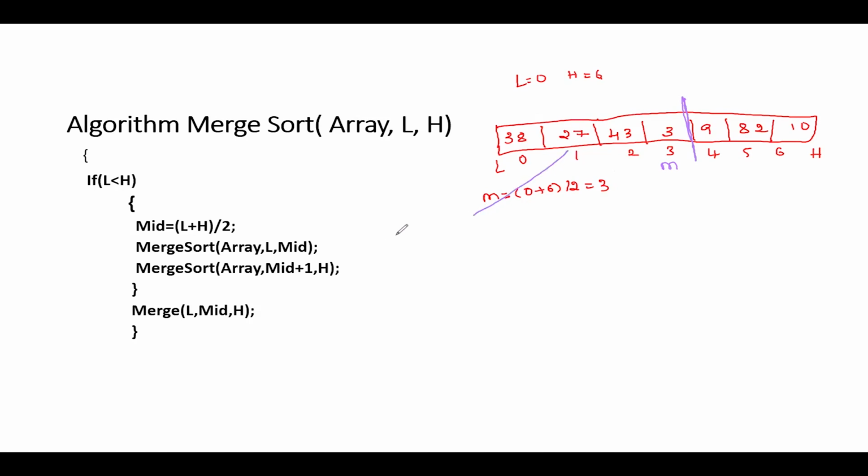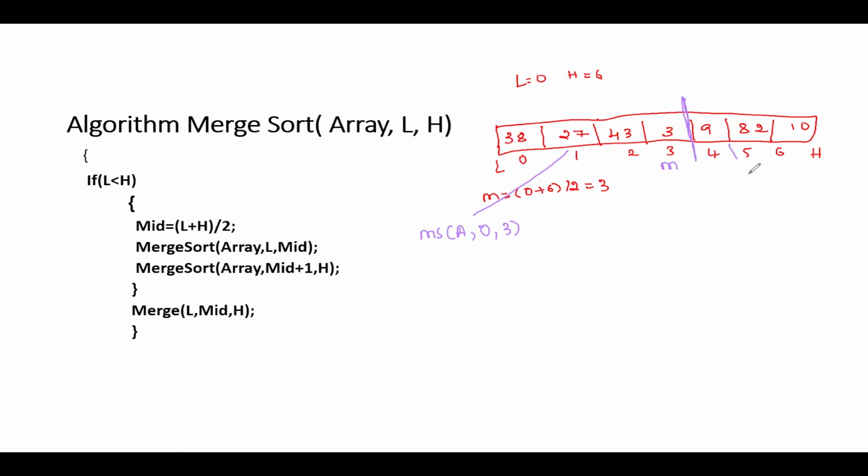So I'm going to get the array. Here I'm calling merge sort from the midpoint. So listen to this carefully. I'm passing the array, then I'm passing the lower value, which is 0. I'm going to directly write the numbers; the variable names are written here. And then mid, which is 3.